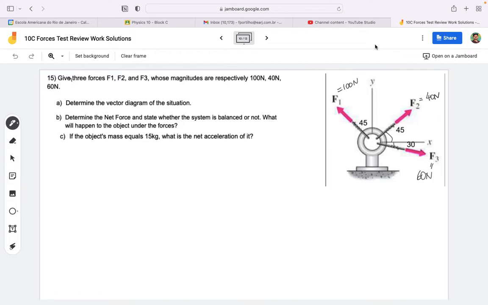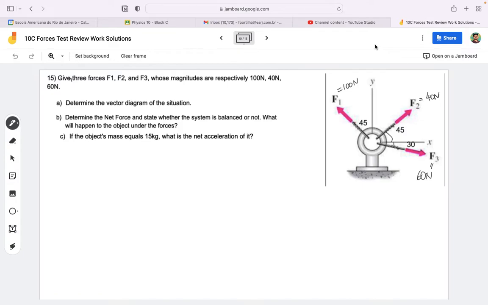Even though it's shown there, I'm just going to represent a vector diagram where the object is simply a point at the center of the graph of the plane, and then given that, we're gonna resolve all of the forces that are off the x-axis.